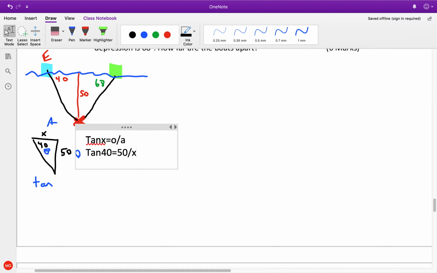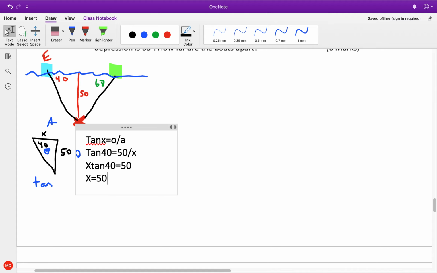Now we need x all by itself. This is where a lot of people got messed up. So let's rearrange it. x is currently on the bottom. We can't have that, so we have to move it over to the side. It's a divide on this side, so it becomes a multiply on this side. Then we need x all by itself, so let's move the tan over. Right now tan is a multiply, so when it moves over, it becomes a divide.